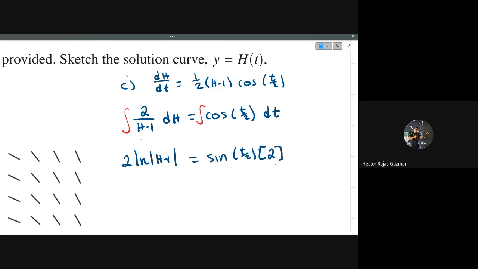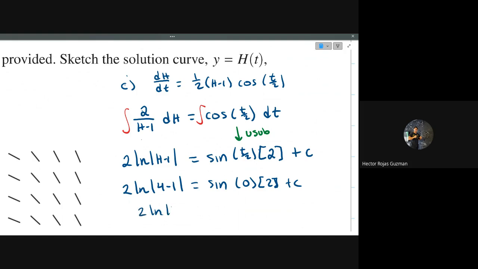So instead of 1/2, we're multiplying by 2. If that part confuses you, to go from here to here, just do it by hand and do u substitution. All right. Now the initial condition: 2 ln of 4 minus 1 equals sine of 0 times 2 plus c. 2 ln of 3 is c.